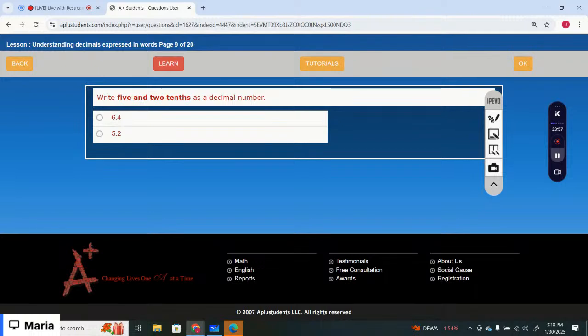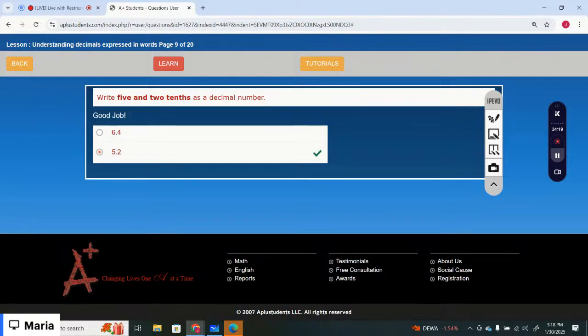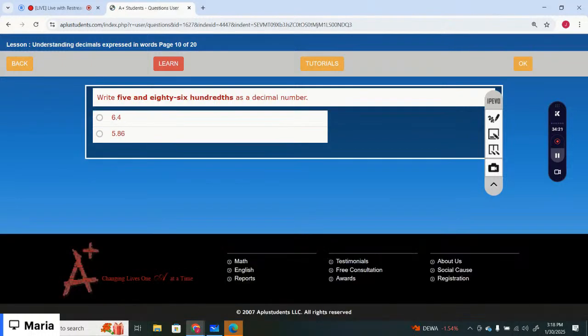Write 5 and 2/10 as a decimal number. That is 5.2. Option number 2 is the correct option. Write 5 and 86 hundredths as a decimal number.